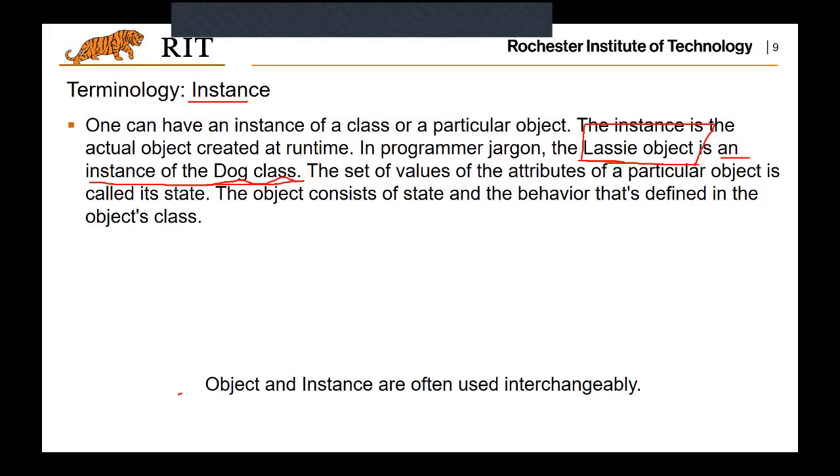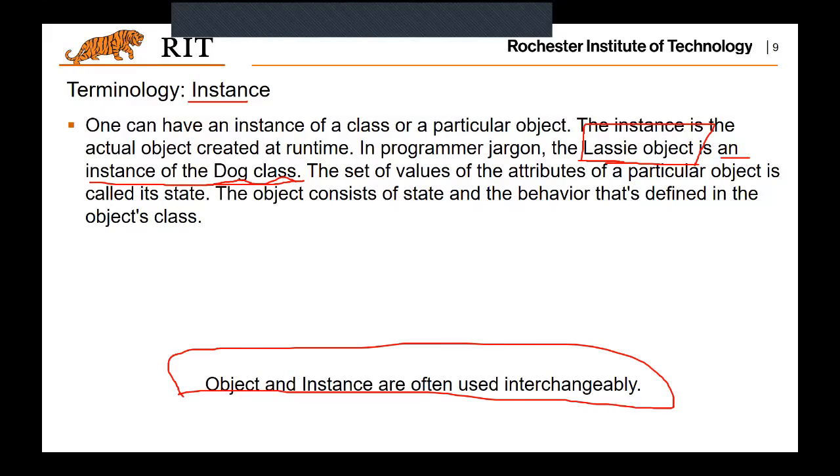Usually the terms object and instance are interchangeable. In most places, either of these represents the same thing, when we talk about something specific of an abstract class. All right, so that's the instance or object.